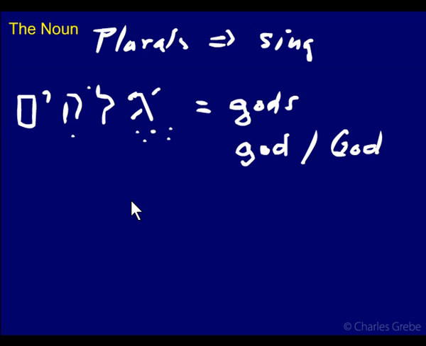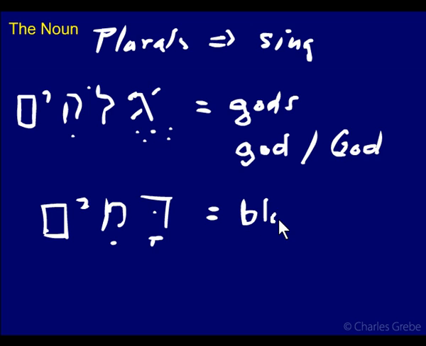Another example would be damim. Dam is blood, and damim, you can see again that this looks like a plural. Well, it has a plural ending, damim. Morphologically, it's a plural, but it can also, well, this here is bloodshed.